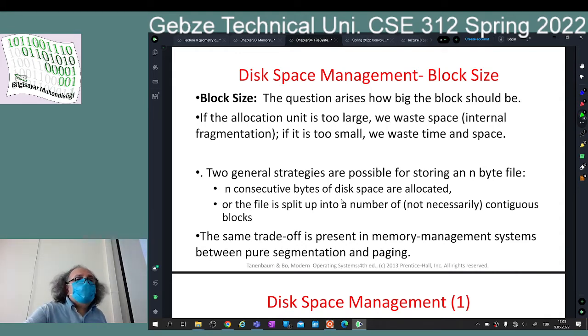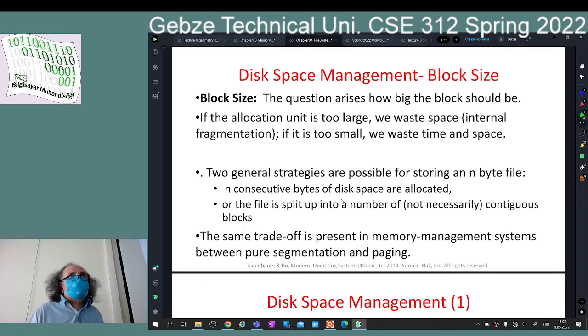If I keep the block size too large, that means what? I have the problem of internal fragmentation. If I say that my block size is 1 megabyte, that means your minimum allocatable file size could be 1 megabyte.